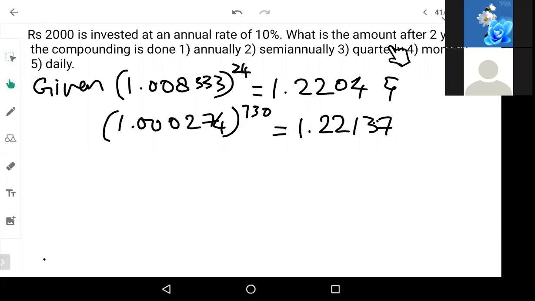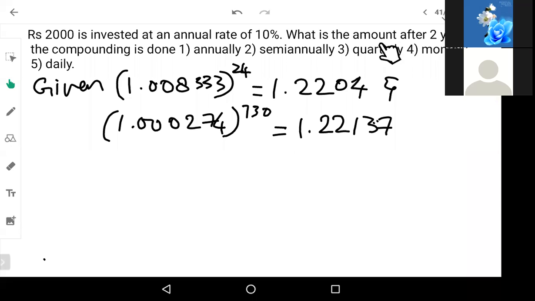What is the amount after 2 years if the compounding is done annually, semi-annually, quarterly, monthly, daily? So we're going to solve everything here. Okay. So what is the principal? 2,000 is the principal. Rate of interest is 10%. The amount after 2 years we have to find out. So the time is 2 years.